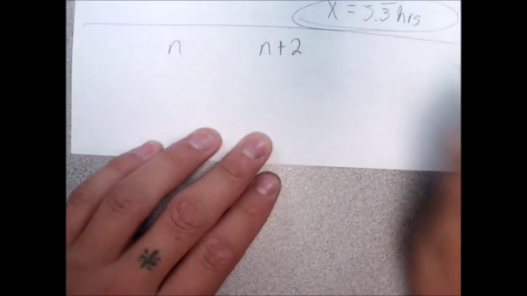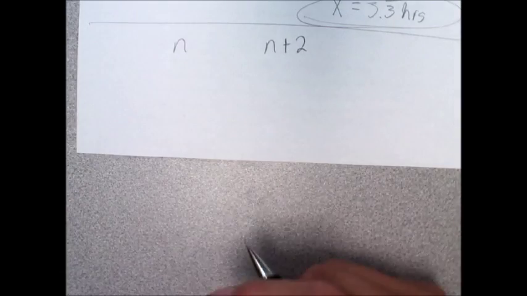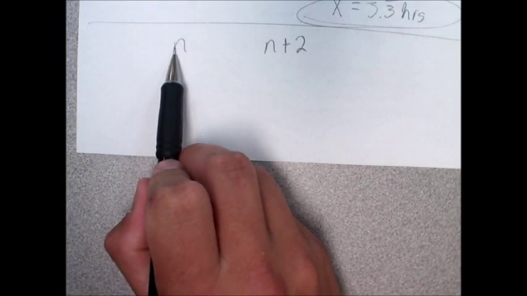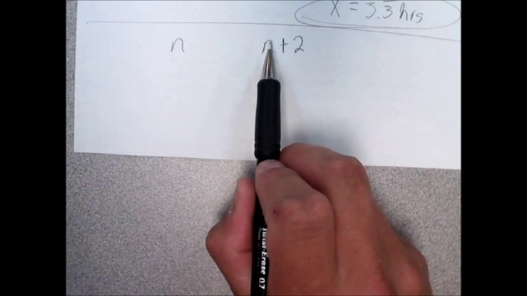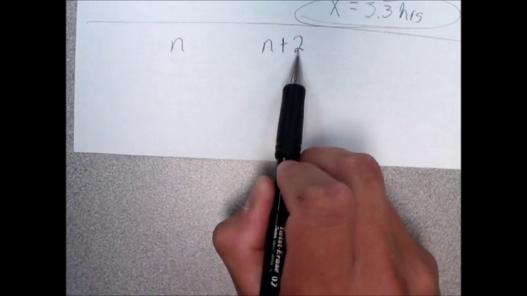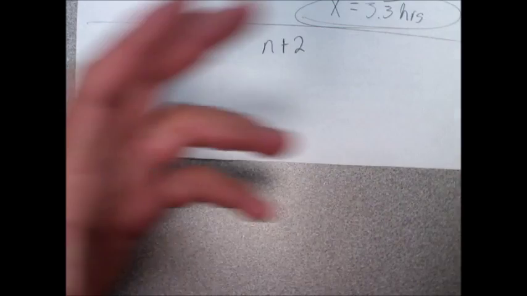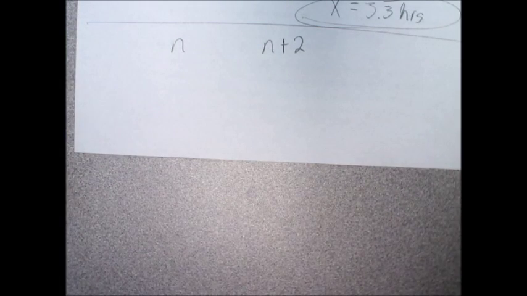So I have to add 2 to get to the next even number. So if they're talking about two consecutive even numbers, we have an even number, and its next even number is that last even number plus 2. So if my first even number was 10, my next even number was? Guys, that's for you. 12.